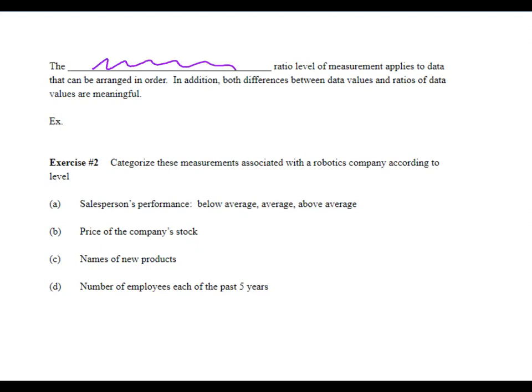Continuing on page 4, then we have, I think I made a mistake, I think it's just called ratio. The ratio level of measurement applies to data that can be arranged in order. Both differences between data values and ratios of data values are meaningful. Remember, a ratio is like a fraction. So, as an example, maybe the length of salmon.